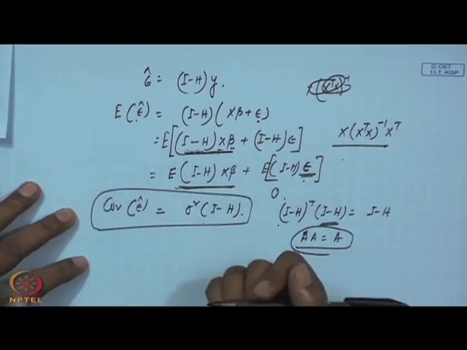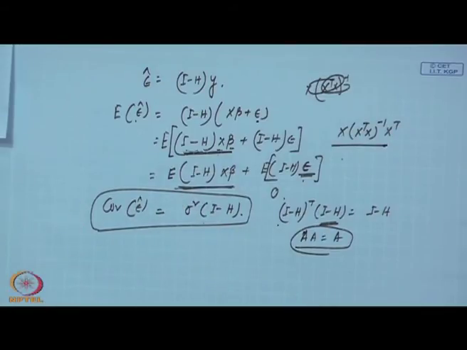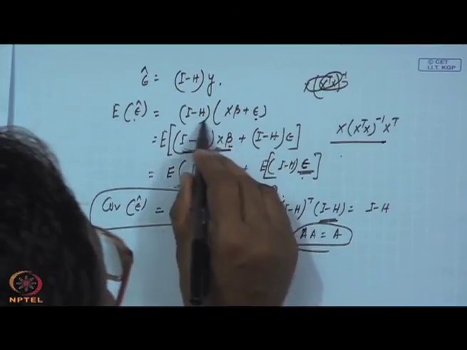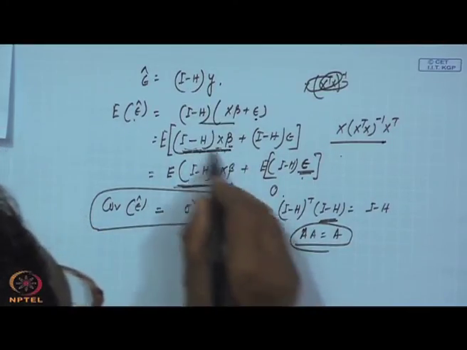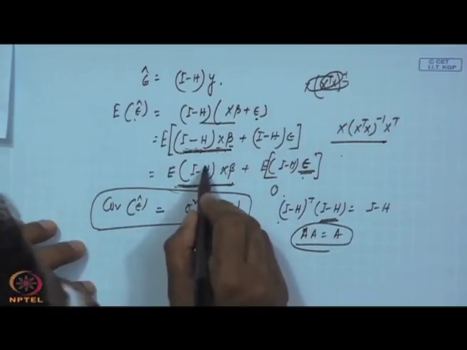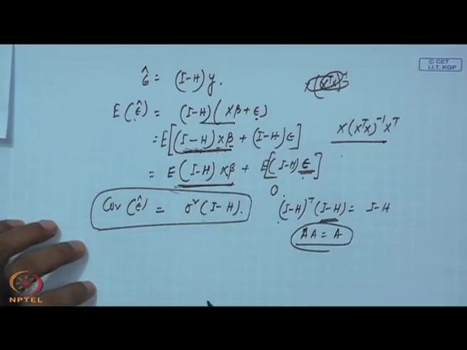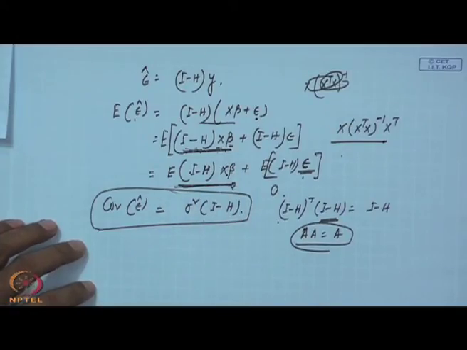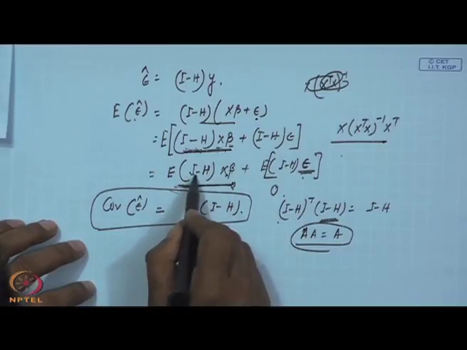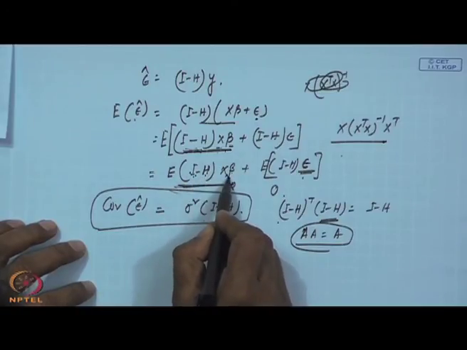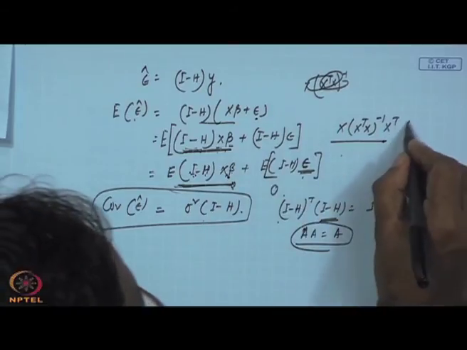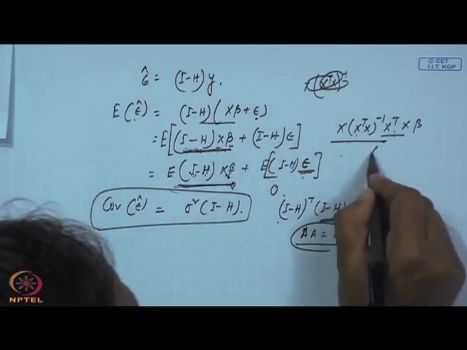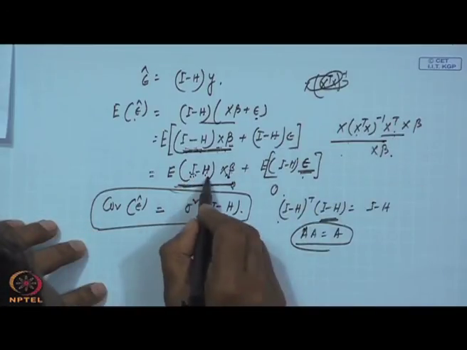So, you know this value. This one is x beta. If we do a little bit of manipulation, because I minus h is there and beta is there, this will also become 0. You just do the manipulation. What will happen? This is x beta minus h into x beta. So, I will write x beta here, that is, I minus h x beta.